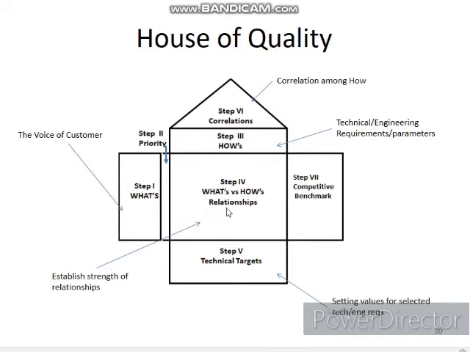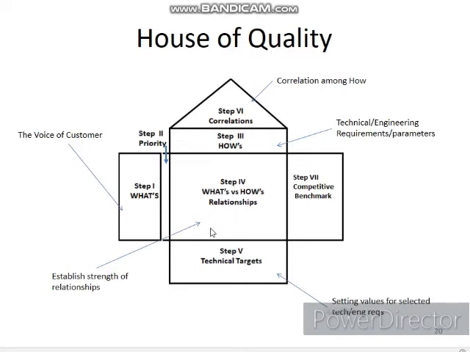This is the relationship matrix. Basically, this looks at the relationship between the design parameters and the customer requirements to see how aligned the individual design parameters are with the individual customer requirements. There will be a matrix here looking at the two, the hows and the whats, and a point system allocated to rate the strength of the relationship. We'll go through that in a bit more detail after this.